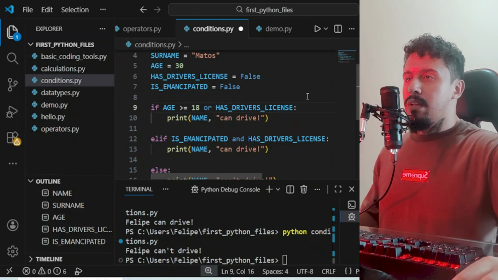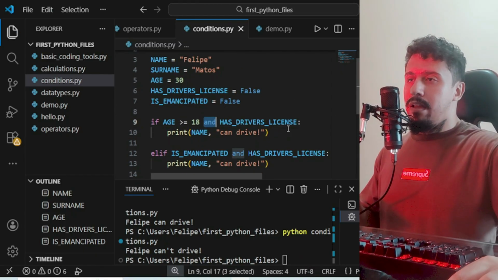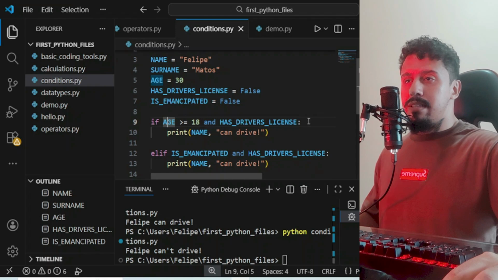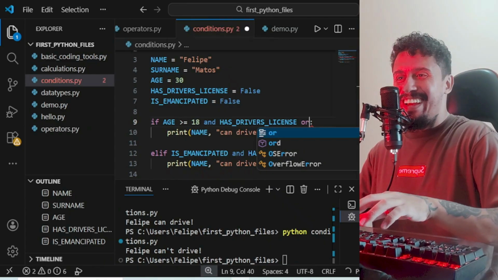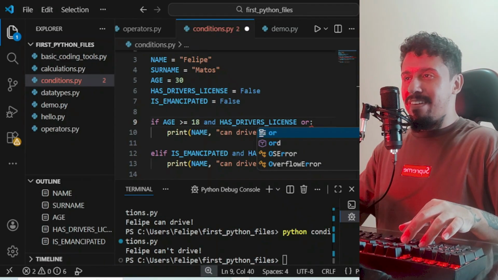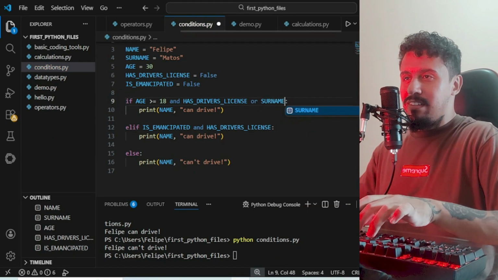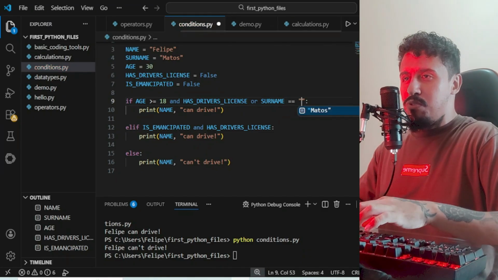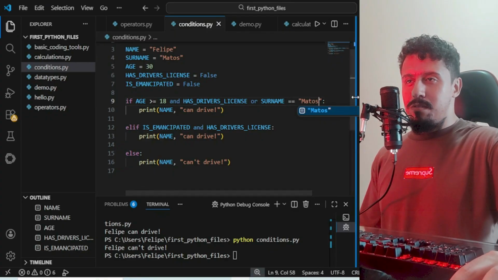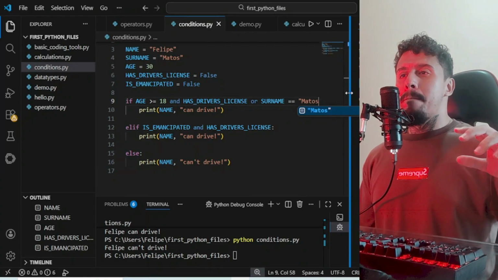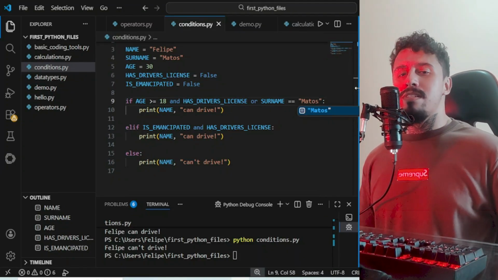So let's add a third comparison here. So, or surname equals to Matos, because the Matos family is like the family that runs that town.